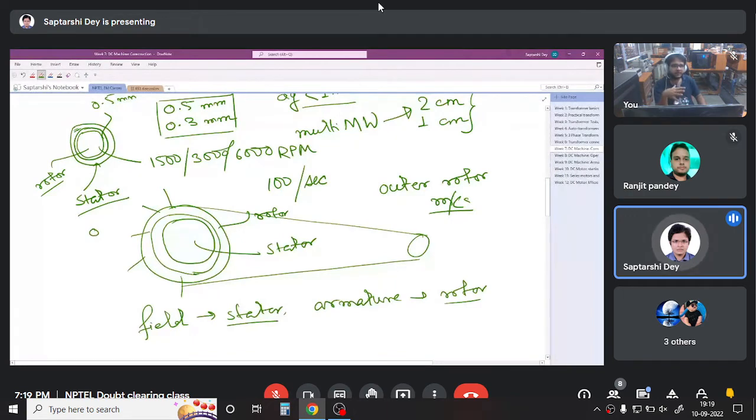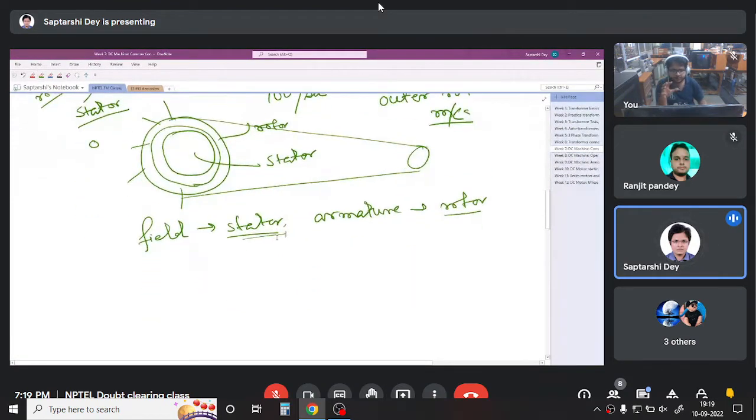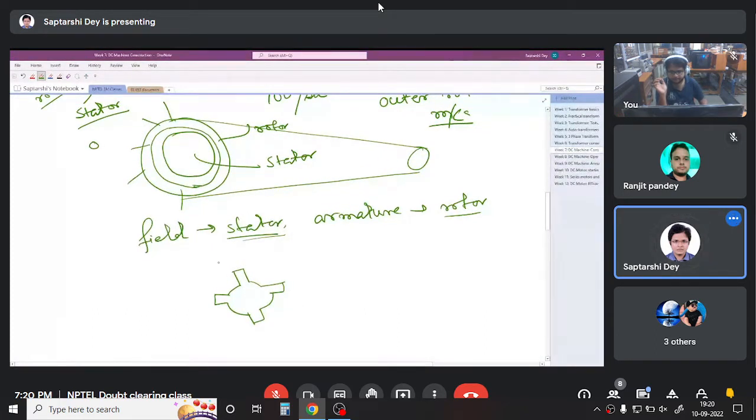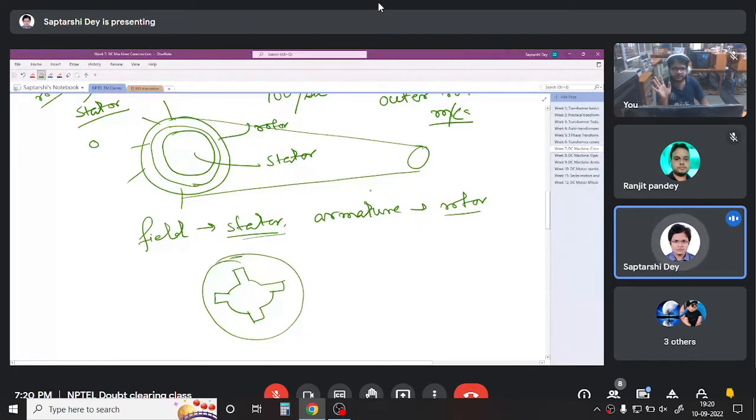Now, if you make a DC machine the other way around, if you have the field winding on the stator, you still have it on the stator, but you have it inside. So now it looks like this. If it is inside, poles will be coming out of it in this way. And the rotor is here. So you see, the operation principle does not change. That is the same. Only thing is it is outside.